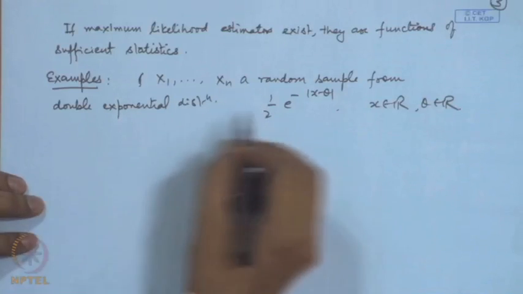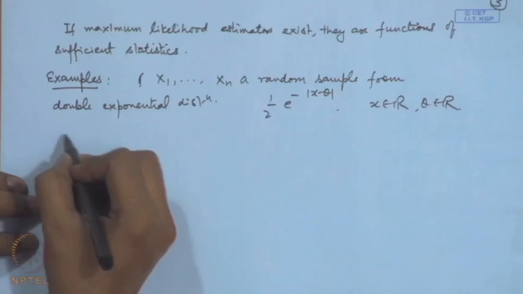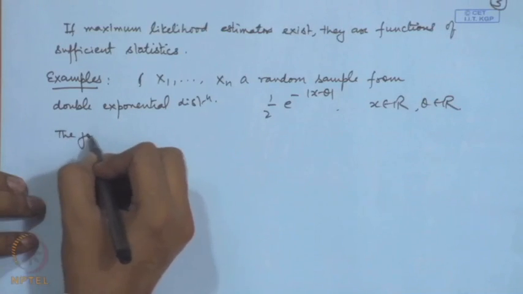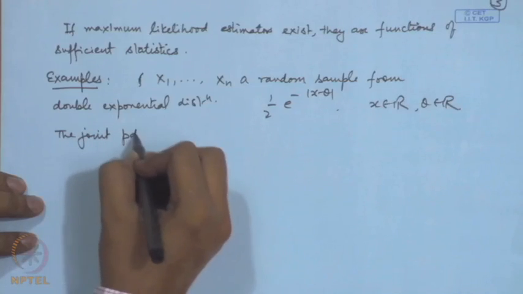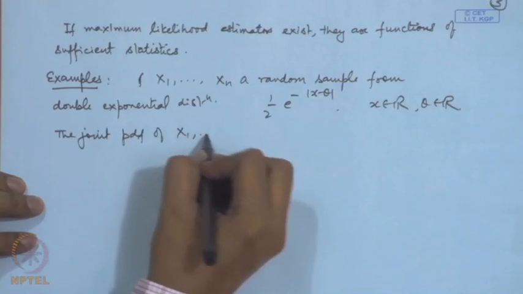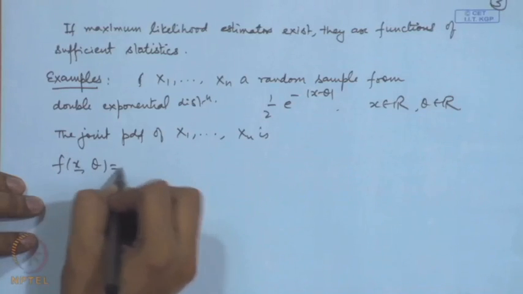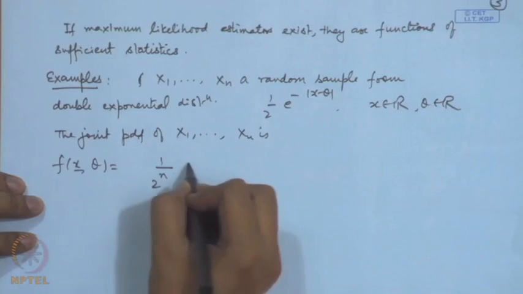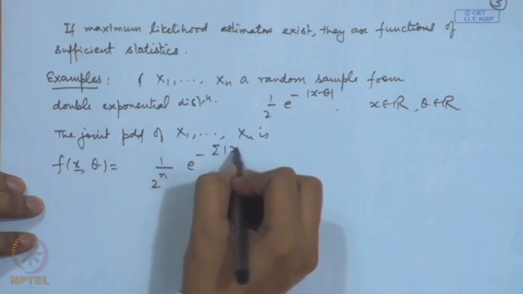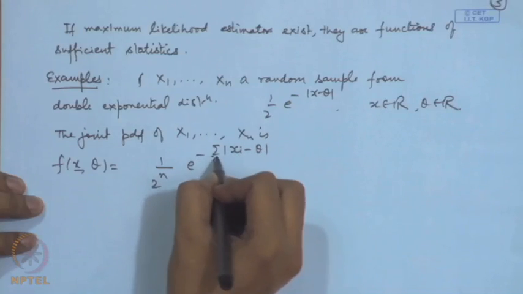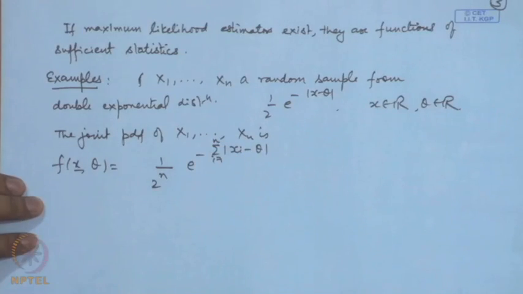In this case, if we consider the sufficiency, the joint distribution of x 1, x 2, x n is equal to 1 by 2 to the power n e to the power minus sigma modulus x I minus theta, I is equal to 1 to n.